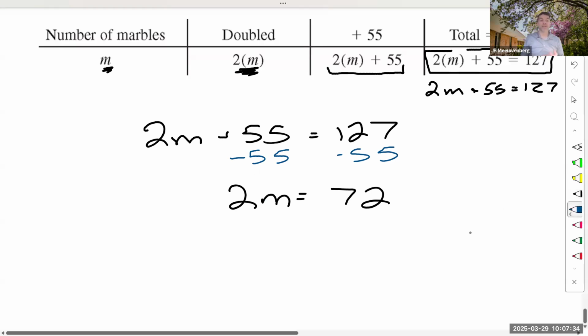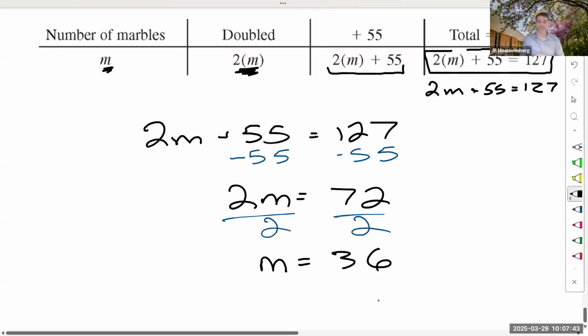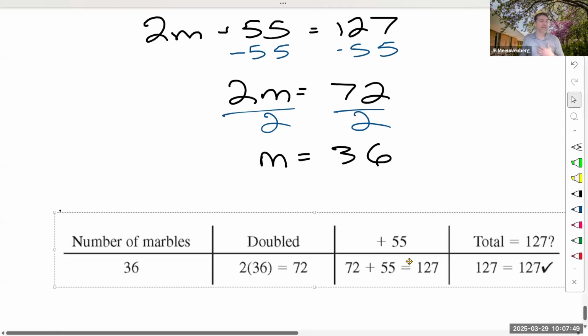Now we're going to use the division property of equality and simplify to get m is equal to 36. We can then, of course, go back to the table that we created at the very beginning, check, and see if you start with 36, double it, add 55, you get 127.